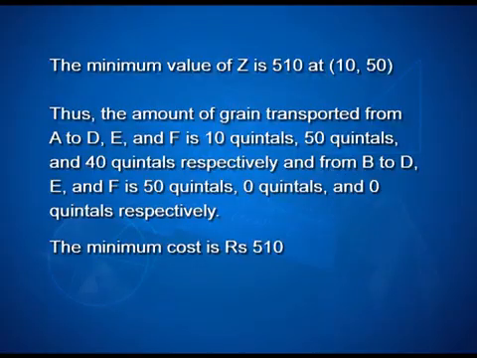So, our solution would look like: the amount of grain transported from A to D, E and F is 10 quintals, 50 quintals and 40 quintals respectively. And from B to D, E and F, using the value of x as 10, y as 50, it amounts to 50 quintals, 0 quintals and 0 quintals respectively. And the minimum cost is rupees 510.